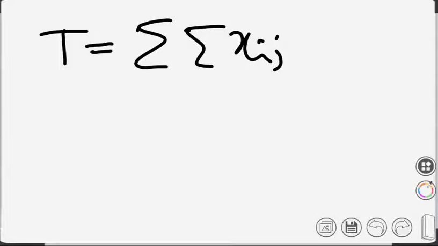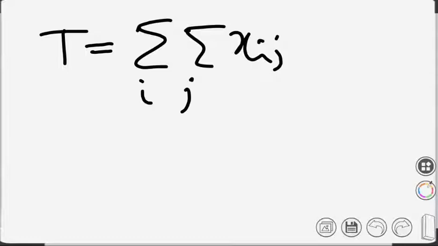T means total. We are using this formula for one-way ANOVA. Mind that.